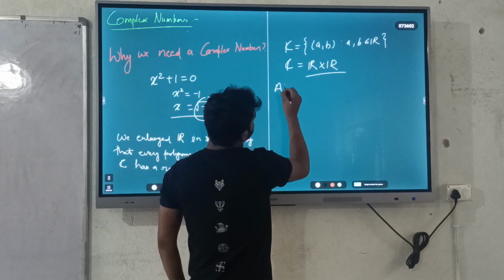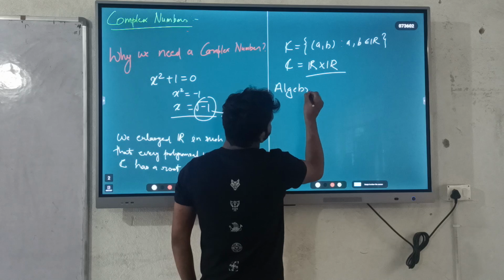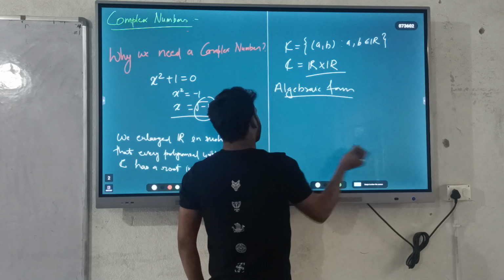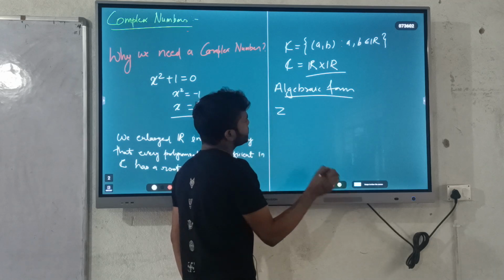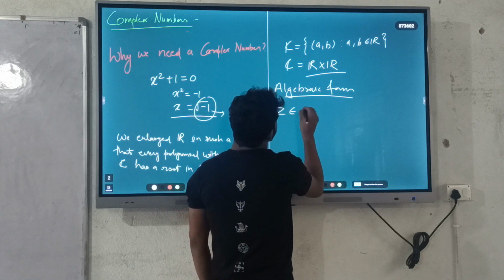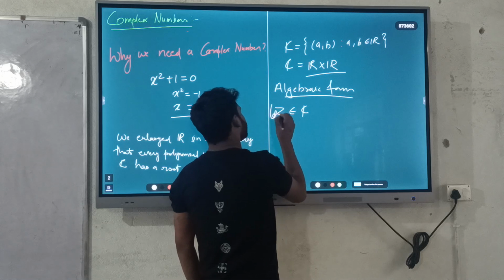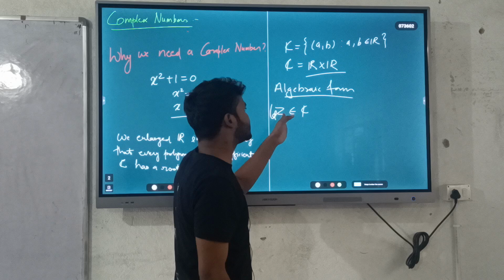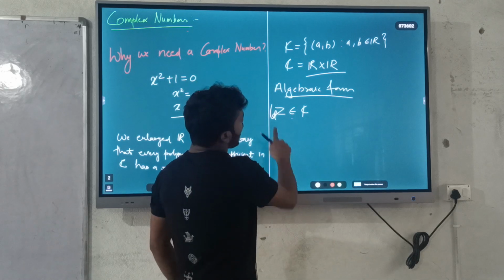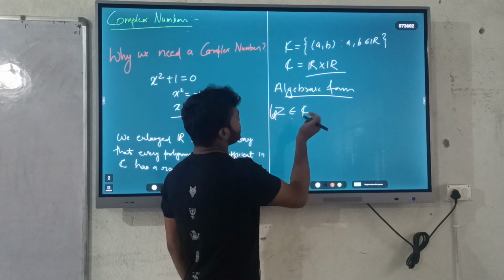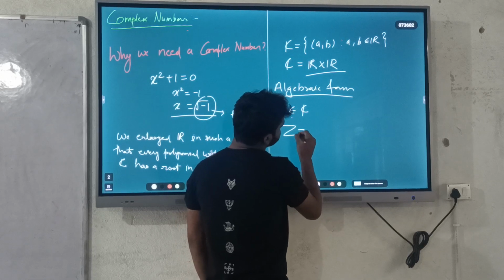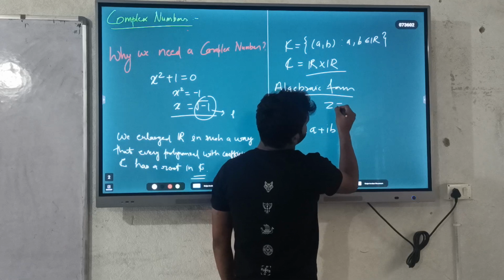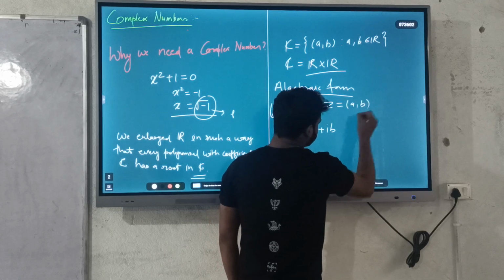How can we represent a complex number in this form? Let's consider z. Here this sign denotes the belongs to sign. That means z is a complex number. So how can we represent z in algebraic form? The algebraic form is z is equal to a plus ib, where z is any complex number.